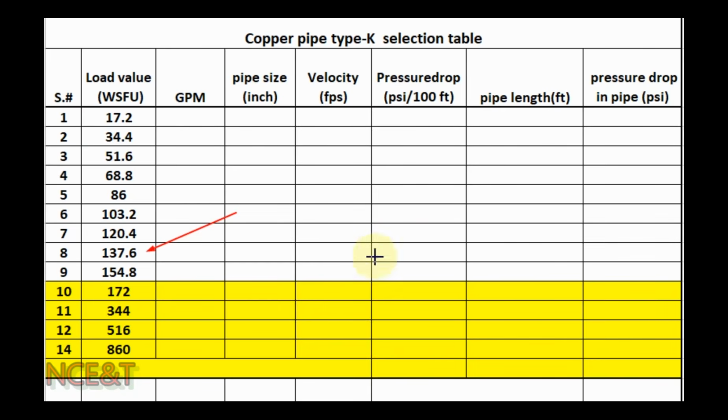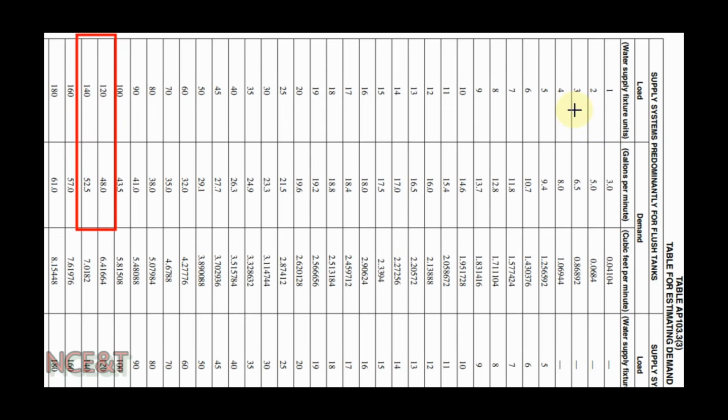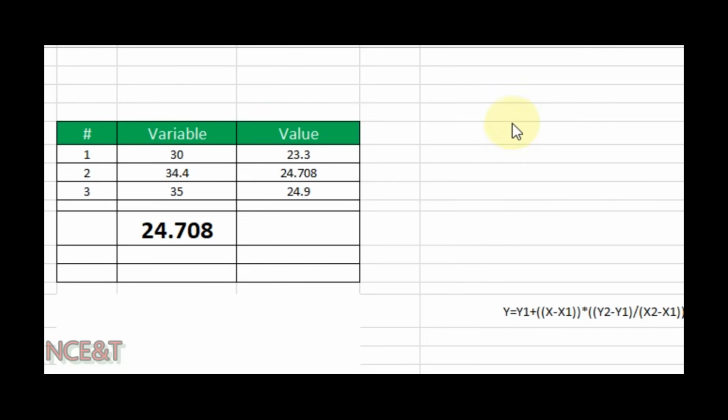Now select the GPM for segment 8, load value 137.6. To select GPM for 137.6 water supply fixture unit, we have values for 120 and 140. For 120 water supply fixture unit we need 48 GPM, and for 140 water supply fixture unit we need 52.5 GPM. For 137.6 we need the value between 120 and 140.